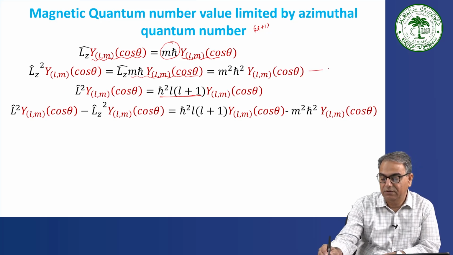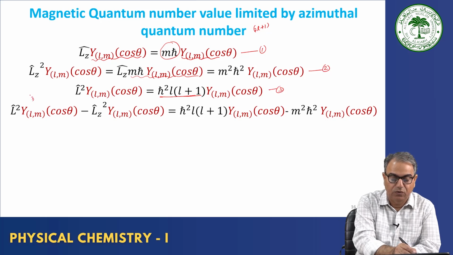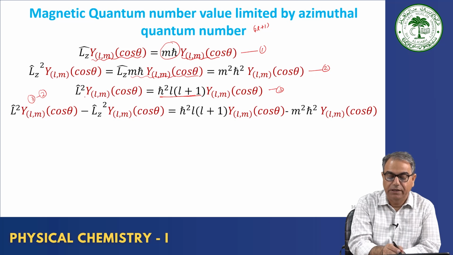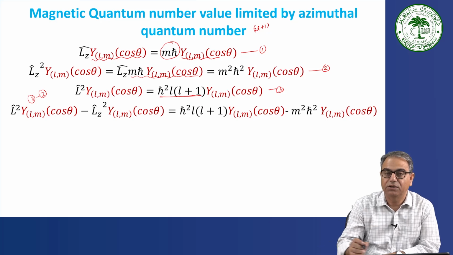I write equation 1, equation 2, equation 3, and subtract 3 minus 2. So it will be L² Ylm(cos θ) on the left hand side minus Lz² Ylm(cos θ). And on the right hand side you will have ħ² L(L+1) Ylm(cos θ) minus m²ħ² Ylm(cos θ).